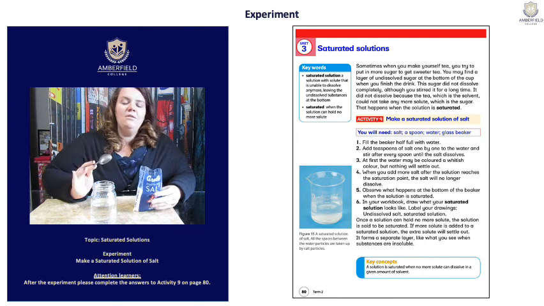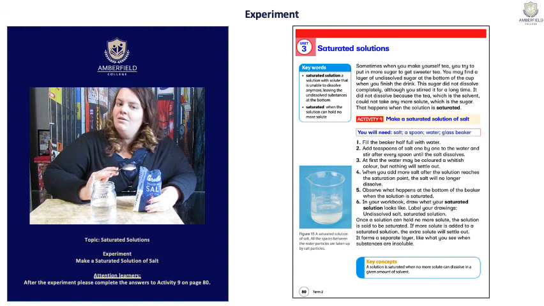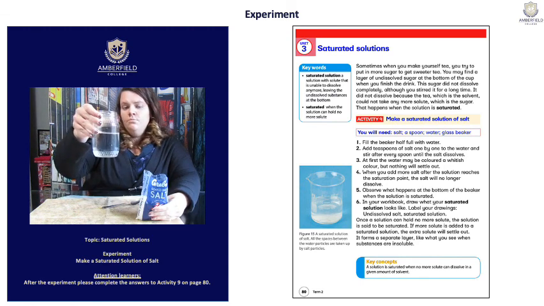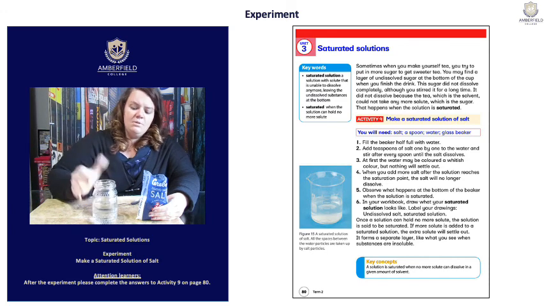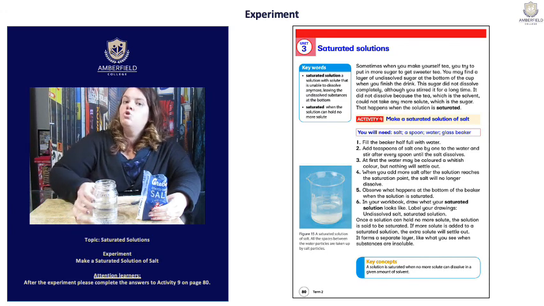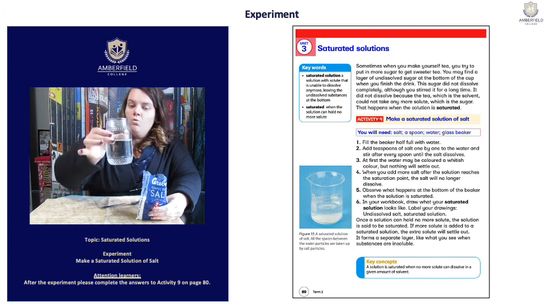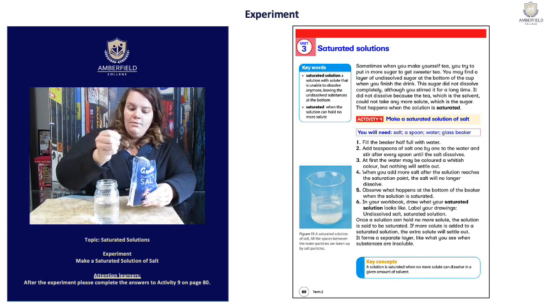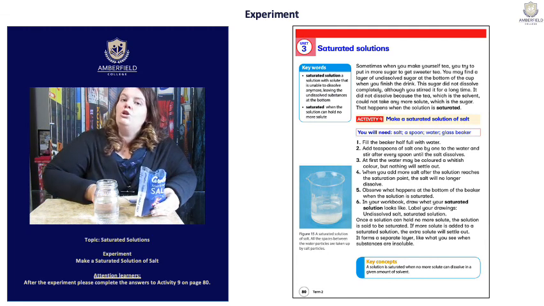We have not made a mixture and we have not made a solution. So remember, liquid is our one substance, which is water, our solvent, and then the salt, which is a solid, and that's our solute.